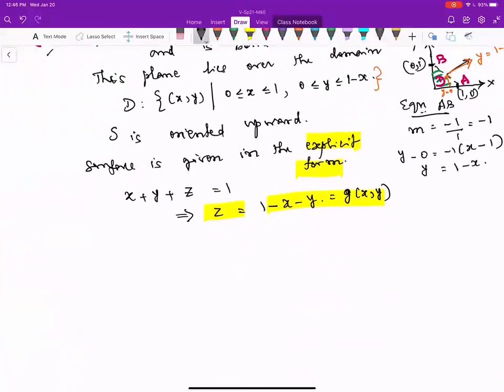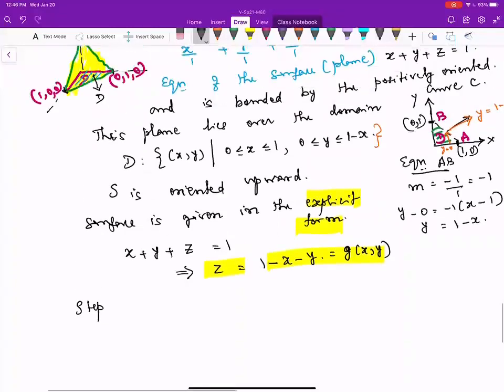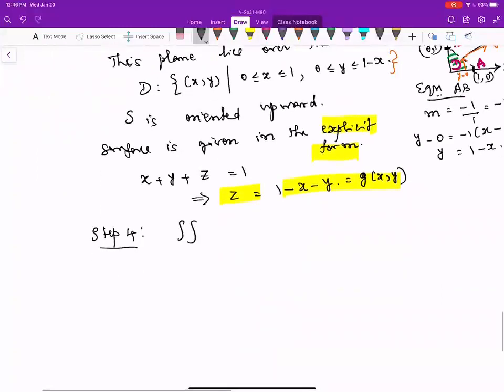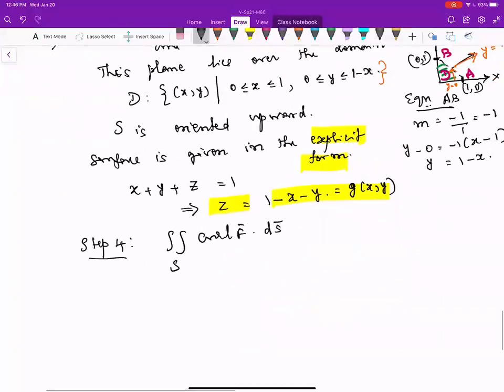We are evaluating the right-hand side part of Stokes' theorem. We are actually evaluating double integral over S curl F dot dS, where the surface is given in explicit form.